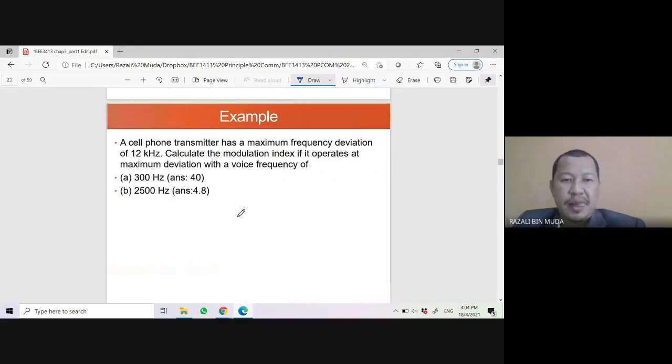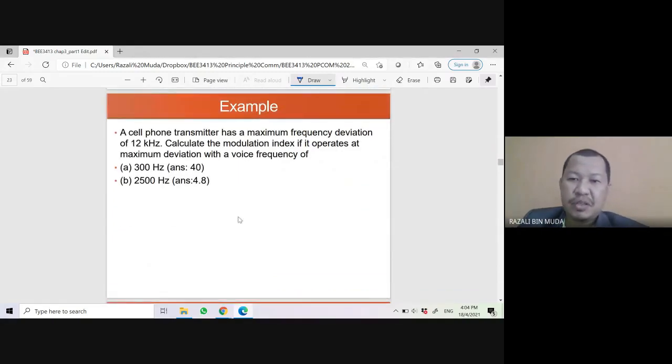Next example. A cell phone transmitter has a maximum frequency deviation of 12 kHz. Calculate the modulation index if it operates at maximum deviation with a voice frequency of 300 Hz. Part A. Given delta F equal to 12 kilohertz, Fm equal to 300 Hz.